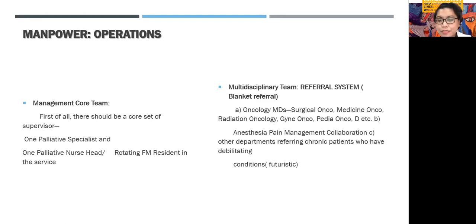A multidisciplinary team referral system, or blanket referral, has been introduced already since March, wherein the oncology doctors, the surgical oncology, medical oncology, radiation oncology, gynecology, pediatric oncology, etc. comprise the anesthesia pain management collaboration, and other departments referring chronic patients who have debilitating conditions would be futuristic.